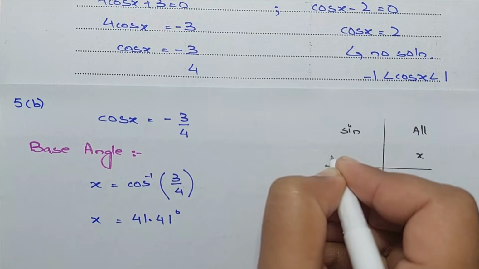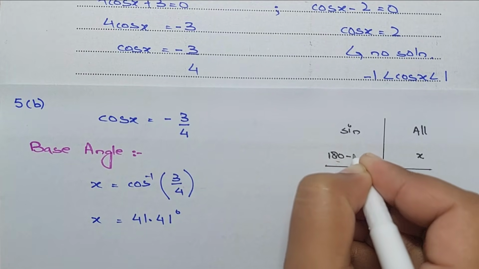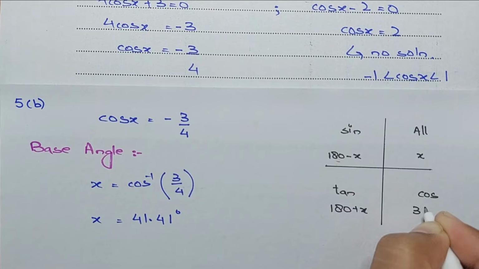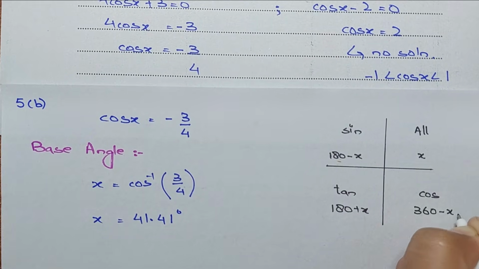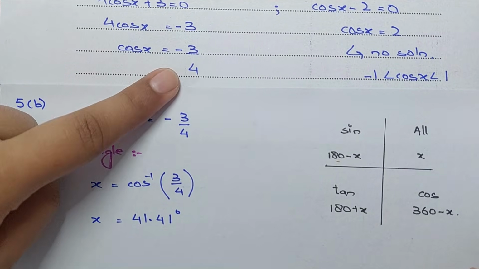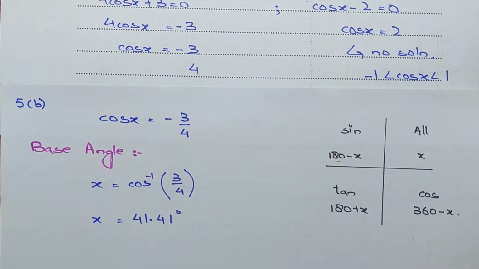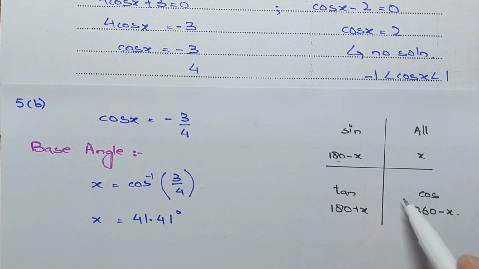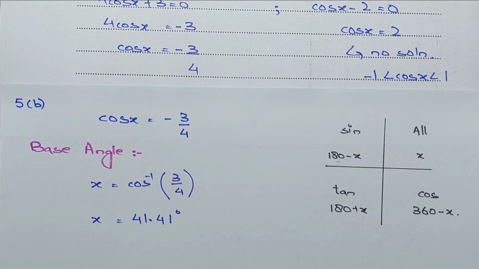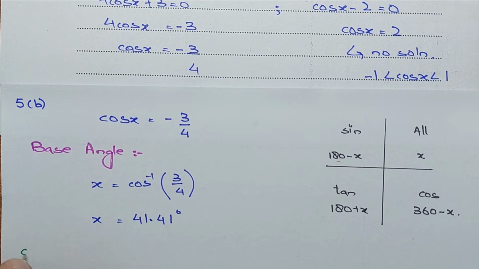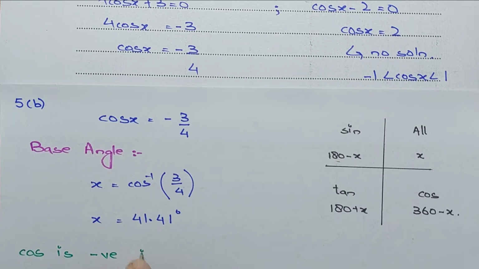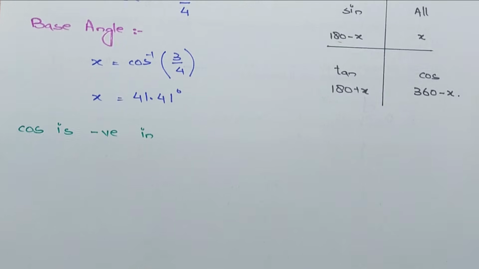Here we do the base angle. 180 degrees minus the base angle, 180 degrees plus the base angle, and 360 degrees minus the base angle. Now here the cosine is negative. Cosine is negative in which quadrant? In the second and third quadrant, according to the whole domain from 0 to 360, right? So we can say that cos is negative in the second quadrant and third quadrant.